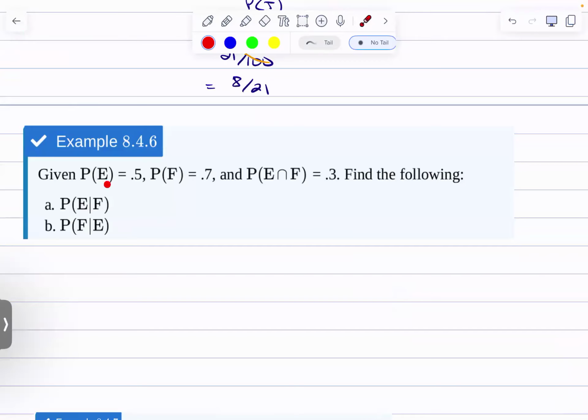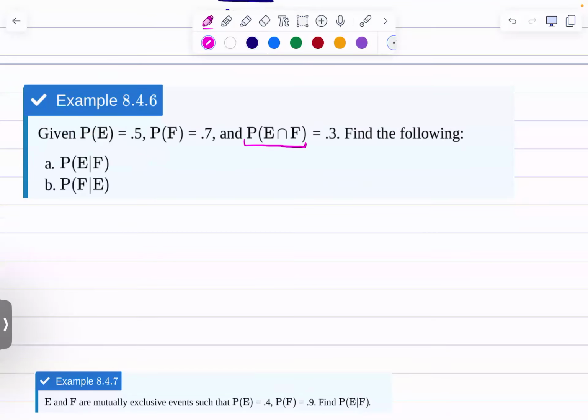What if you're given probabilities? The probability of E is 0.5, the probability of F is 0.7, and the probability of E and F is 0.3. Huh? I know, I don't know why they do that. Sometimes they go kind of hard and then they throw in an easy one. It's weird.